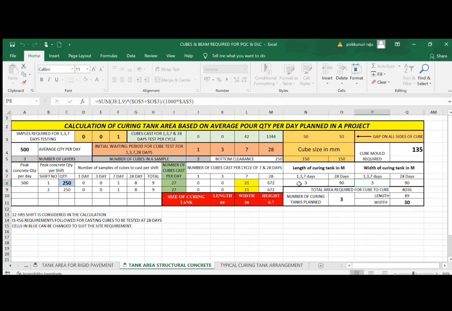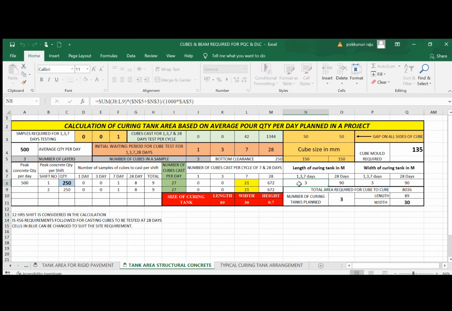And then similarly the width will be calculated for cubes to be cured for 1, 3, and 7 days, and the cubes to be cured for 28 days. So this will give you a brief idea of what is the length and width required for the cubes to be cured for 1, 3, and 7 days.